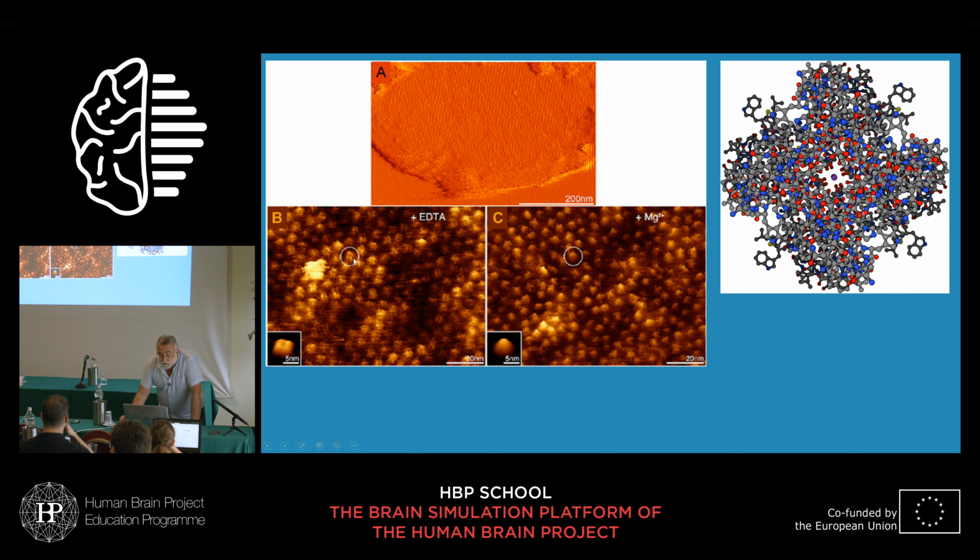You can go to resolution up to the single channel. The difference between these two images is that in this case the channel is open, and in this case it is closed. This is a computer reconstruction of the proteins that make up the channel.